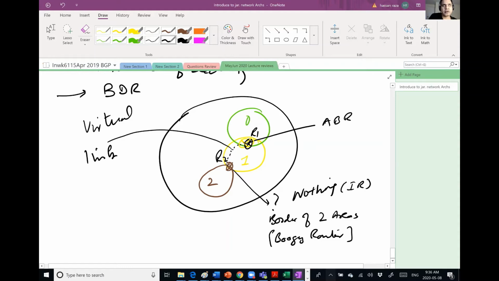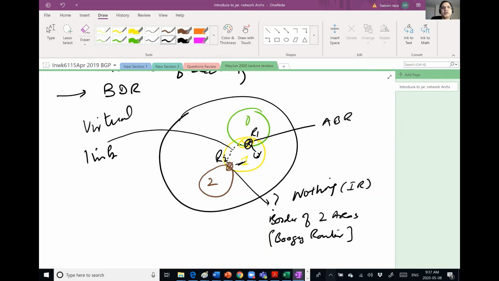How you configure: I will sit on R2, and when I'm configuring OSPF, I would say R1 is my virtual neighbor, and I will go on R1 and say R2 is my virtual neighbor. Once I have declared this neighborhood, though we are not directly connected, we would be connected through other routers in this, right? But we are not directly connected, but we will become virtually directly connected.